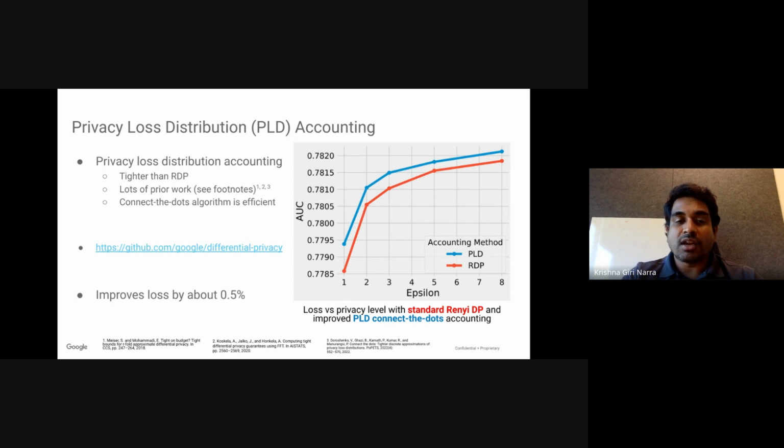So we use the connect-the-dots algorithm, which is computationally efficient, to arrive at our noise parameters for a given epsilon. We notice that using PLD accounting with the connect-the-dots algorithm generally gives us higher utility or AUC for the same privacy, and the benefits are greater at lower epsilons.